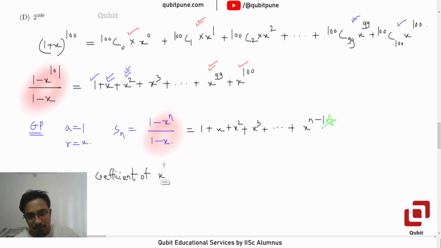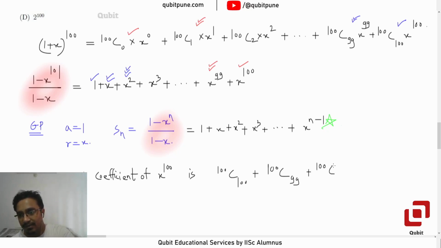Therefore, the coefficient of x raised to 100 is, now pay attention, let us start with the first blue tick. That will be 100c100, plus, the two blue ticks, x and there it is 100c99 x raised to 99, so 100c99. Then the third blue tick, x squared, it's not there, but we know what it is now, 100c98.